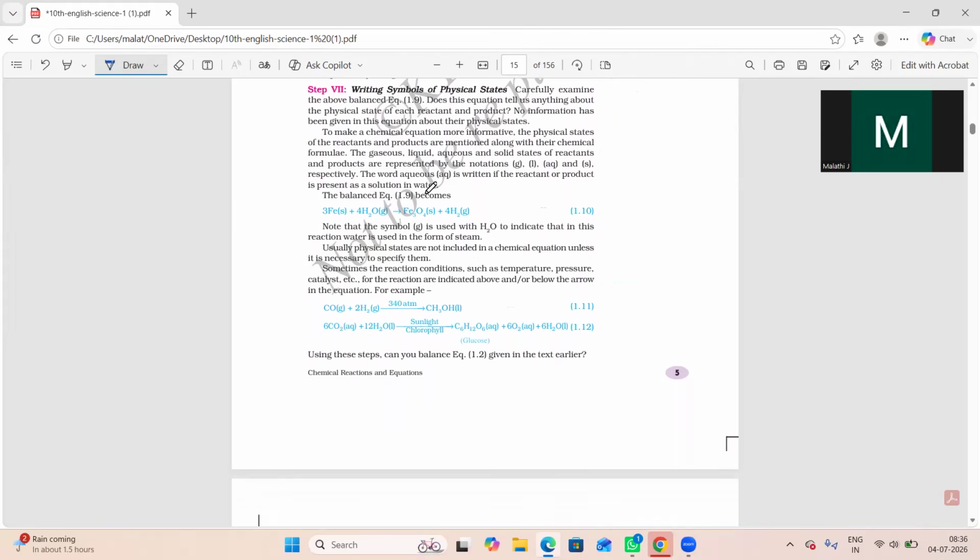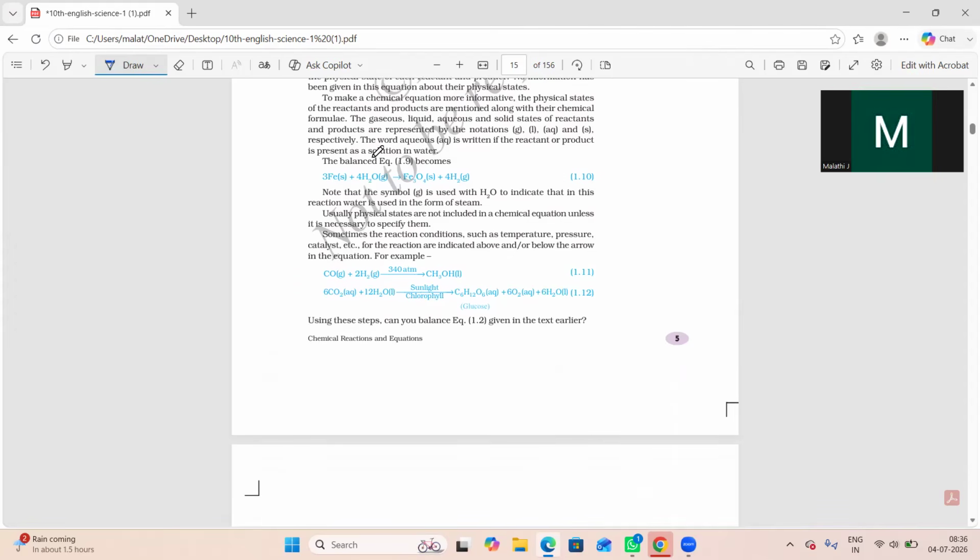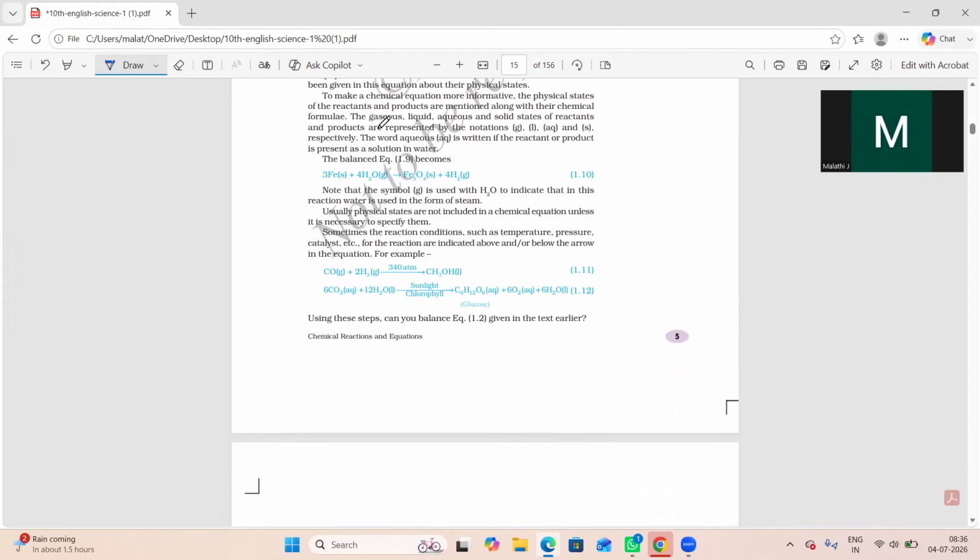So you have to examine whether it is balanced or not. If you take a chemical equation, what makes the equation more informative? The physical states of the reactants and products are mentioned along with their chemical formulas. If you observe here, the word aqueous written on the reactant side or product side means it is present as a solution in water.